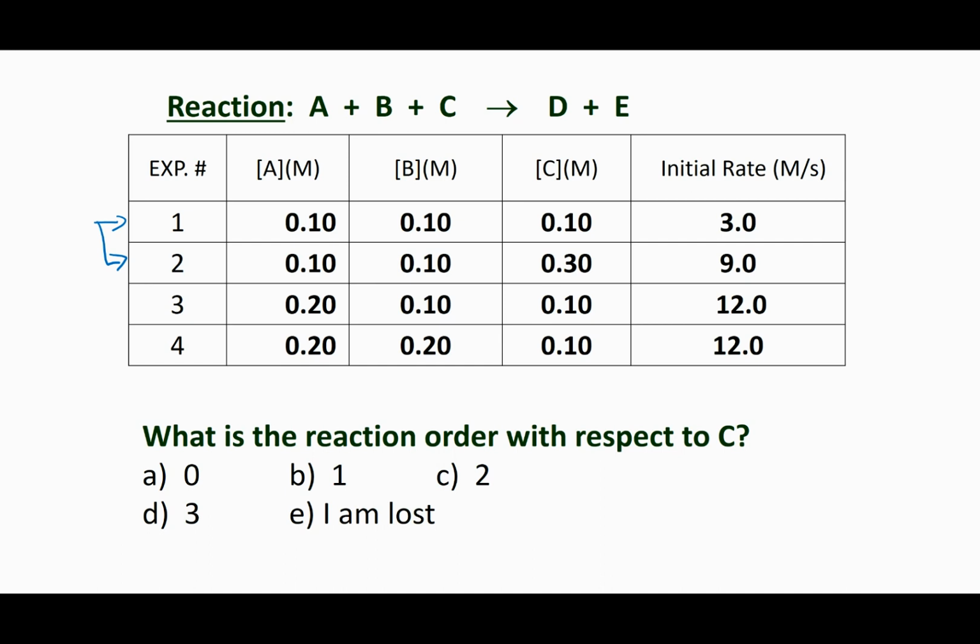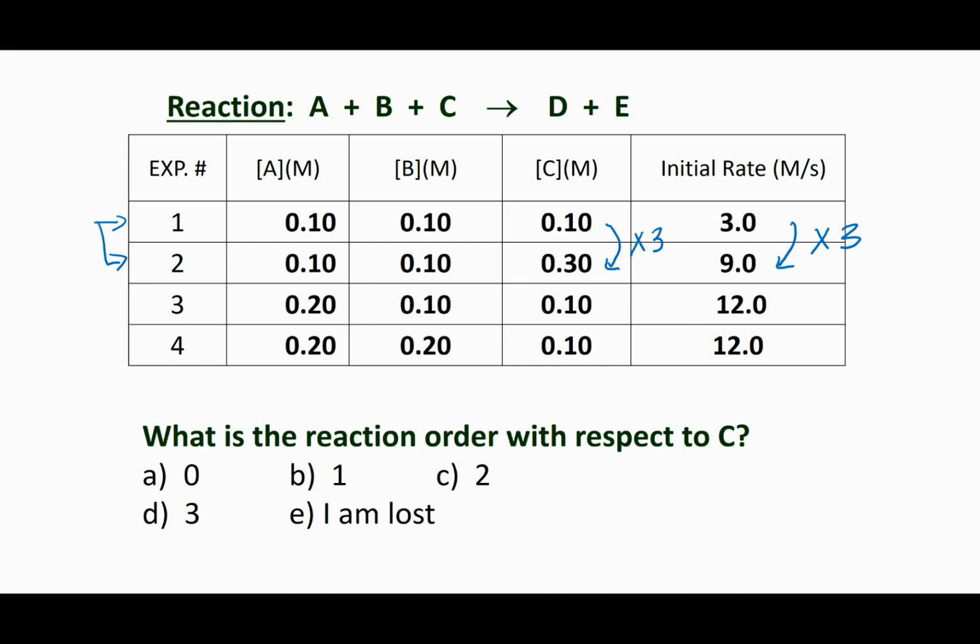And just by eyeballing it, what I can see is that I tripled the concentration. If I tripled the concentration, let's take a look at what happened to the rate. Well, it tripled as well. It went up by a factor of 3.